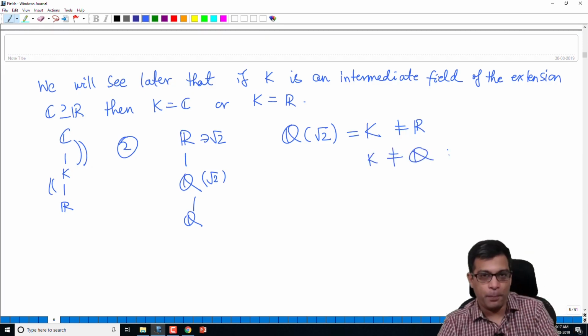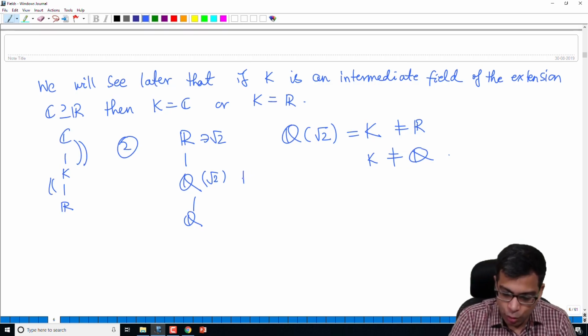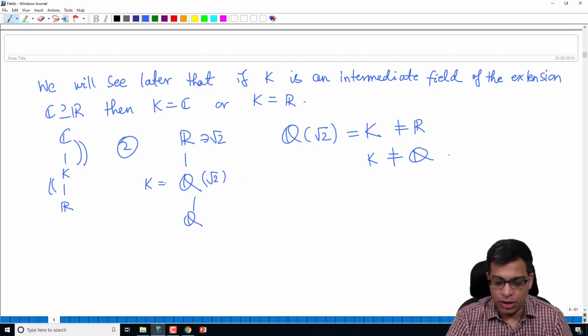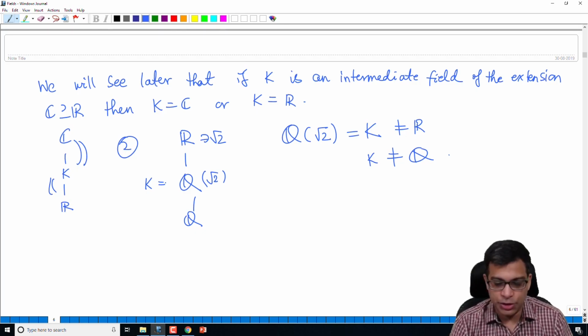So this is a proper intermediate field, and both of these statements are clear, because root 2 is contained in K by definition, but root 2 is not in Q. So K is strictly bigger than Q, I should say.